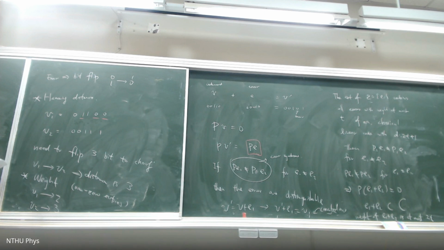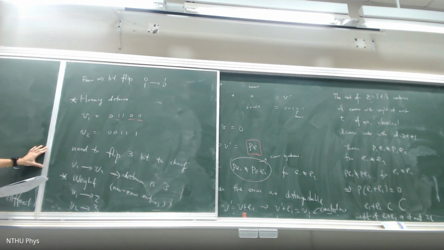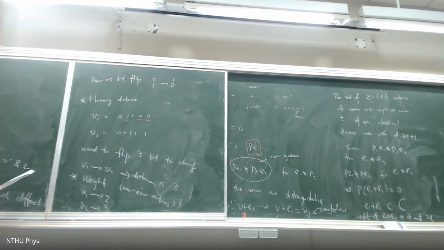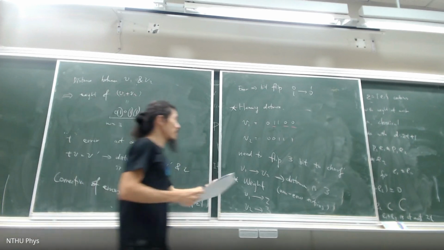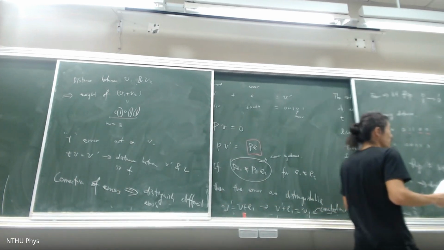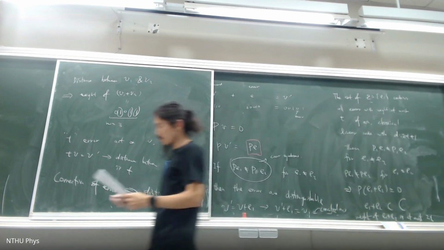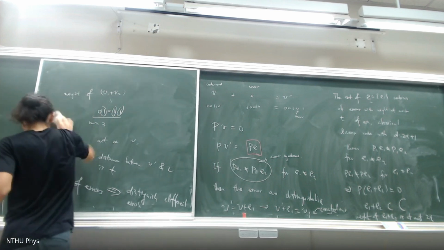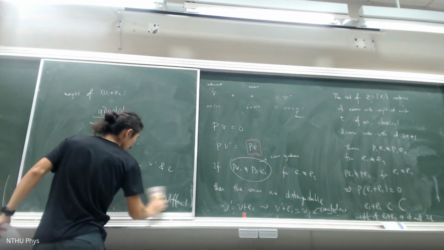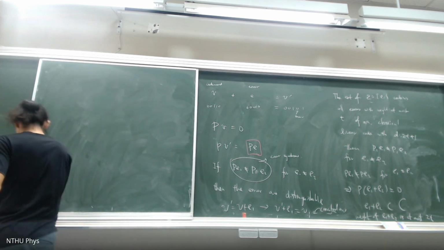So with this kind of setup, we can also discuss some structures of this linear code. We can also construct a dual code space, and we can also discuss self-dual.